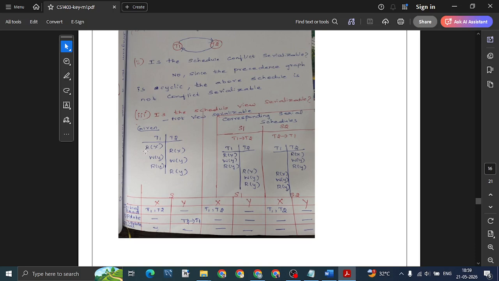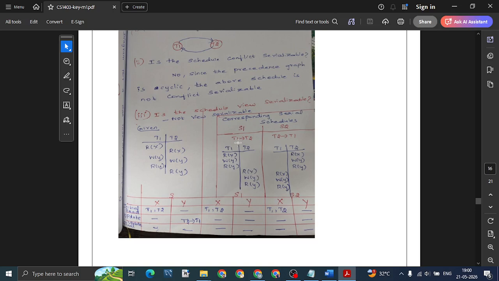So now, since it is a non-serial schedule, you are first going to convert this non-serial one into a serial one. Serial means one complete transaction is over, then the second transaction is going to begin. Since the transaction T1 is having read of x, W of y and R of y, I am going to write all this into a single one, followed by T2, which is R of x, W of y and R of y.